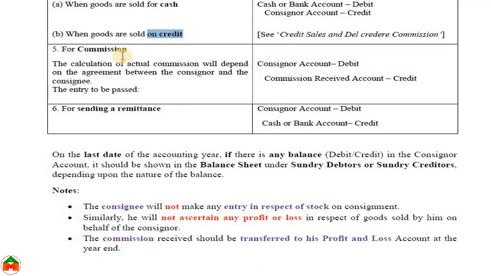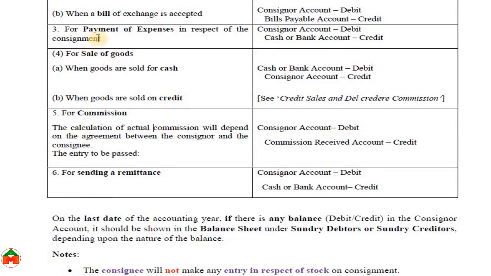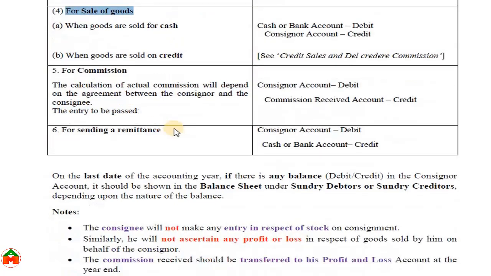Then the commission that is receivable by the consignee should be recorded as consignor account debit and commission received account credit. After deducting all the expenses and commission from the sales proceeds, the remaining amount should be sent by the consignee to the consignor. For sending the remaining payment, the journal is consignor account debit and cash or bank account credit.